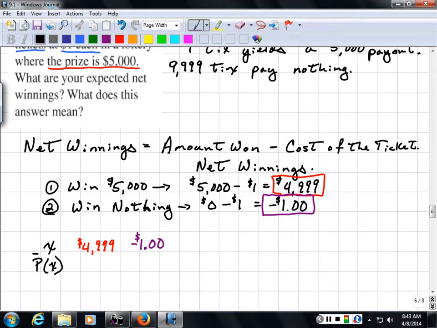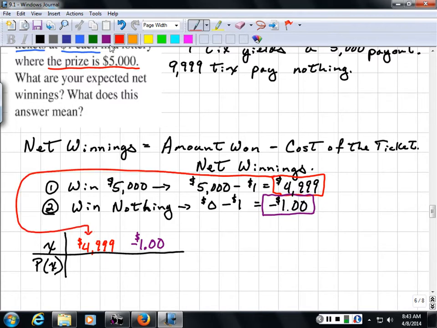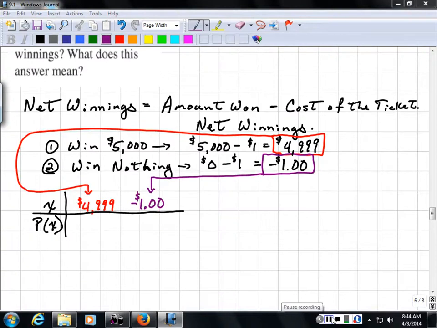So let's talk about the probabilities here. I'm sorry I'm drawing all these extra lines. For the net winnings of 4,999, the probability is 1 out of 10,000. Excellent.